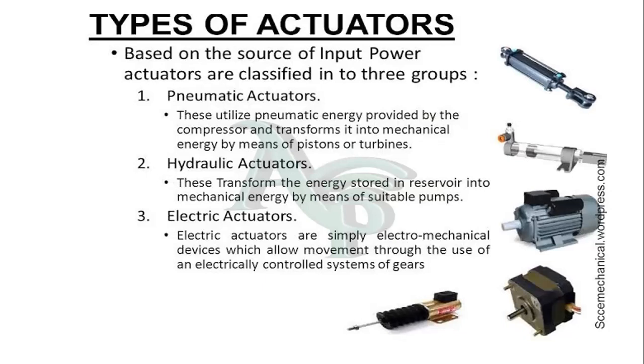Very good examples are your electric motors, servo motors, and stepper motors. These are all actuators because they help to perform one mechanical function or the other in your IoT circuit.